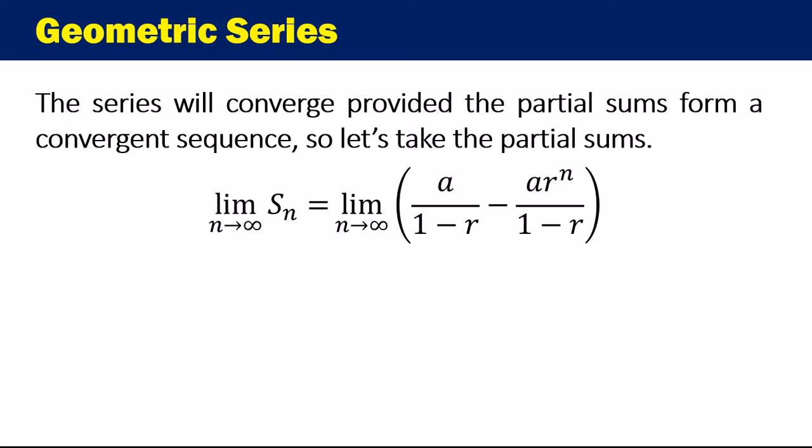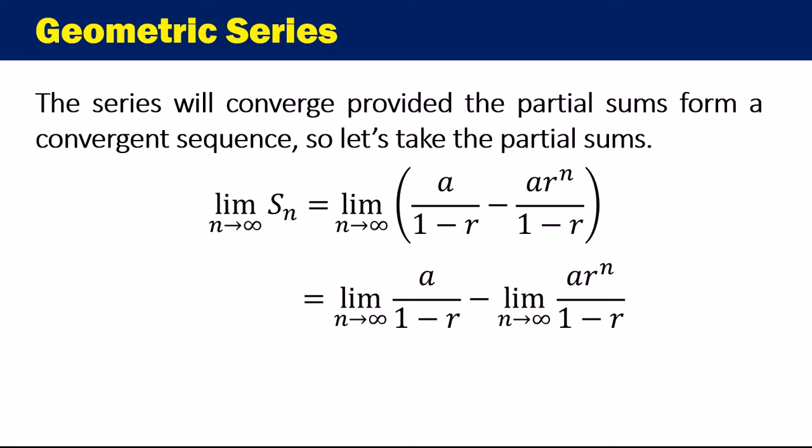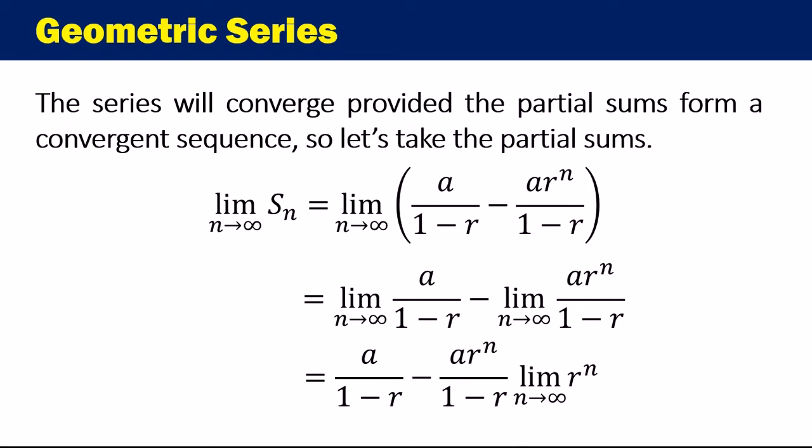The limit of s sub n as n approaches infinity is equal to the limit of the quantity a over 1 minus r minus a times r raised to n over 1 minus r as n approaches infinity, which equals the limit of a over 1 minus r as n approaches infinity minus the limit of a times r raised to n over 1 minus r as n approaches infinity, which equals a over 1 minus r minus a over 1 minus r times the limit of r raised to n as n approaches infinity.